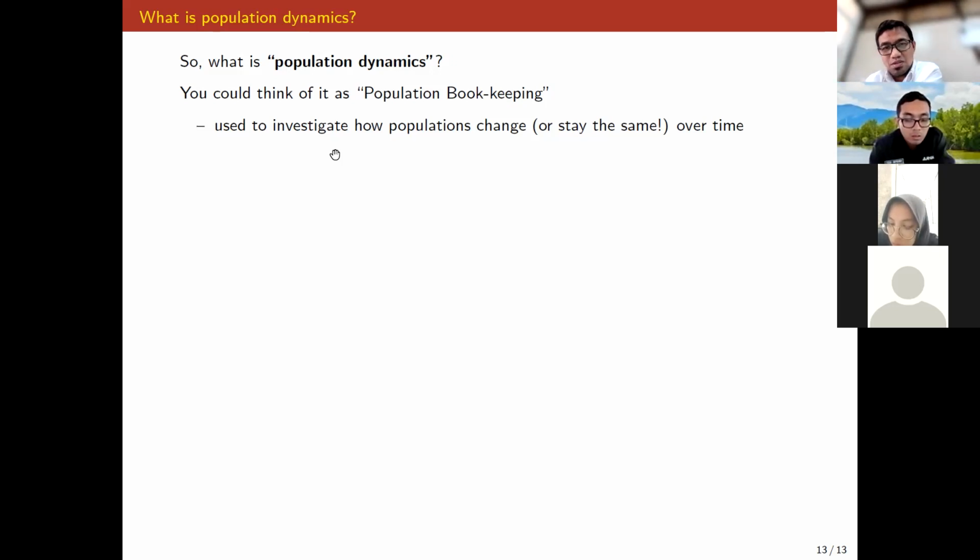The second month, that number, or maybe in years. It is also possible to record it by year, the number of the Indonesian population, for example. This year, the next year, and so on. So population dynamics is used to investigate how populations change. Change can be increasing or decreasing, or maybe relatively stable, constant, over time.